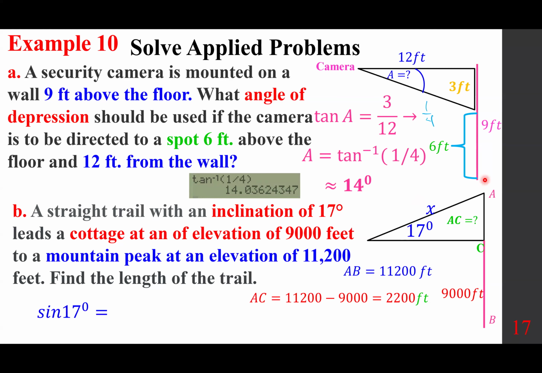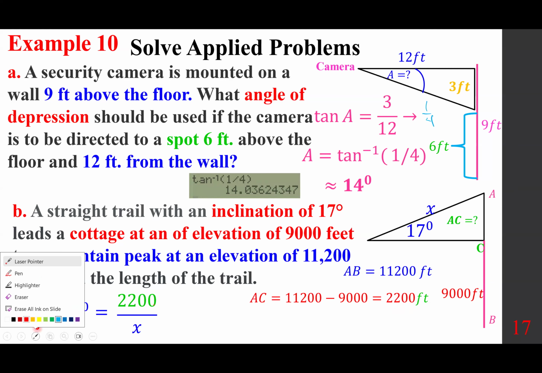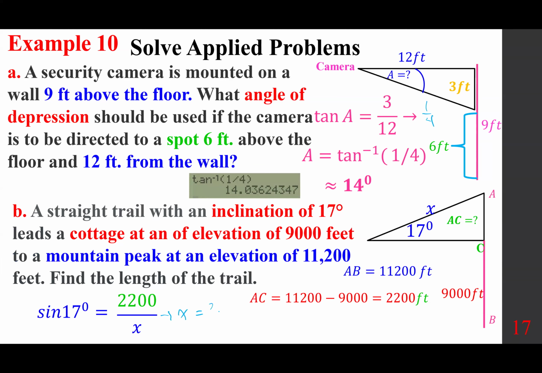So sine of 17, the opposite AC, 2,200 feet over X. And so X becomes 2200 over sine of 17.